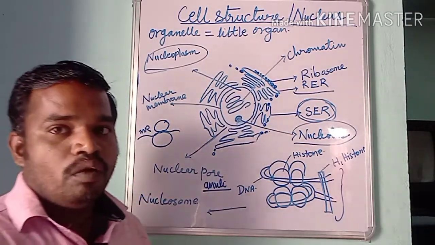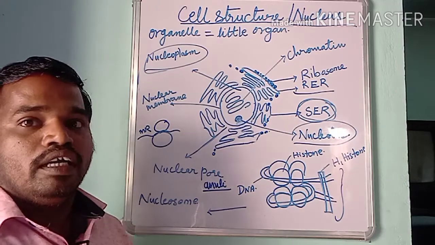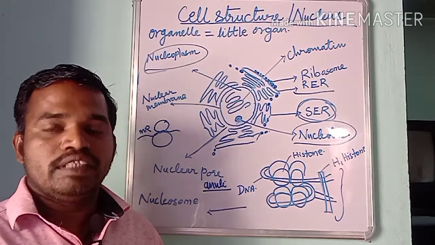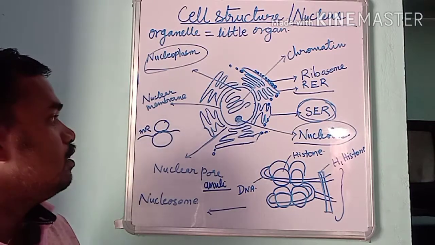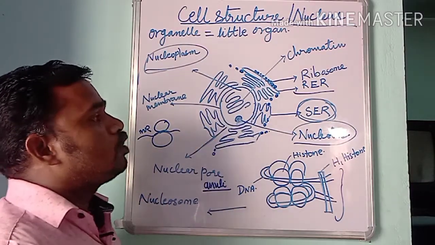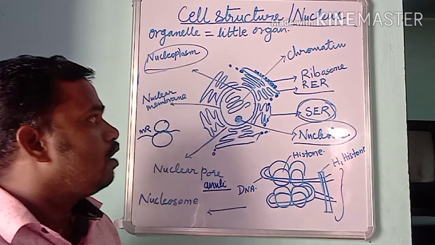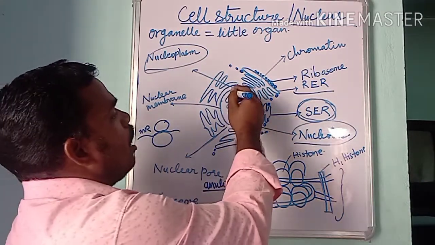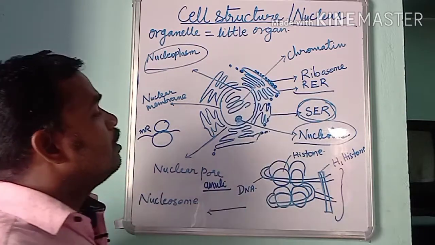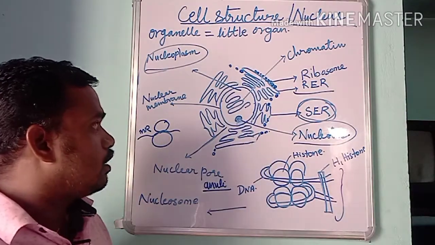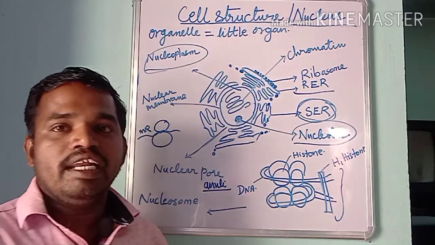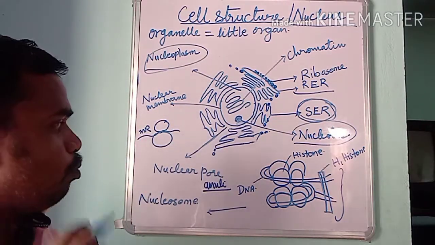Once this chromatin enters the prophase in the cell division or cell cycle stage, it condenses to form the chromosomes. Until then it will be uncoiled, indistinct thread-like structures.